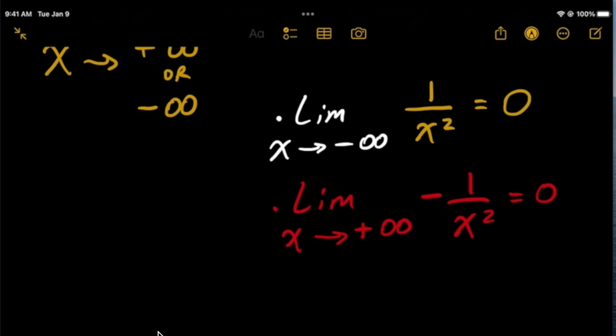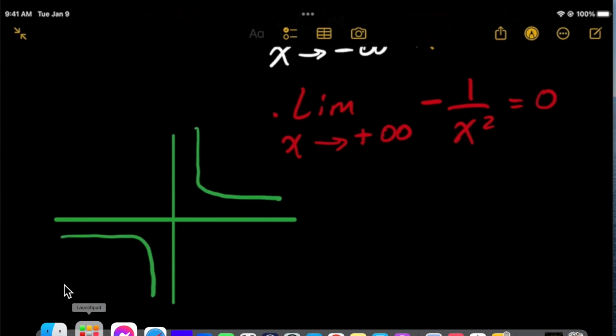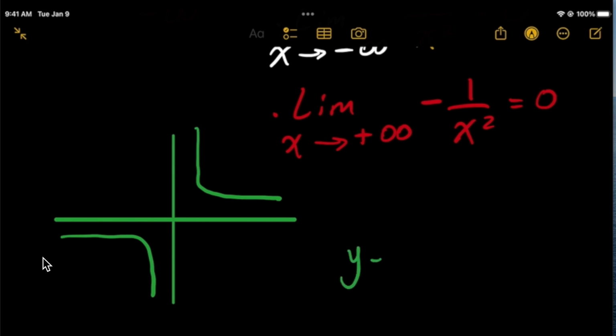As you know, folks, the graph of y equals 1 over x looks like this. Okay, so y equals 1 over x is bottom heavy because the degree down here is 1, the degree up here is 0. So this is going to have a horizontal asymptote at y equals 0.